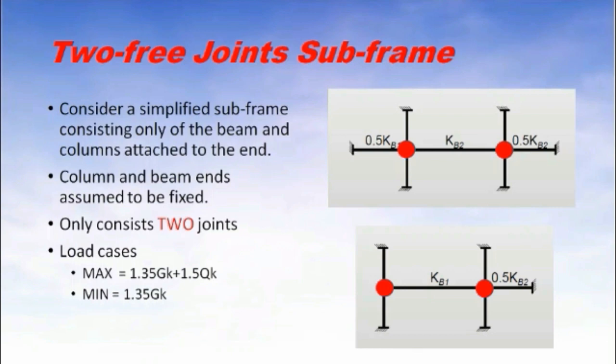The frame analyzed will be subjected to different load cases. The load cases can be either maximum, which is 1.35 Gk plus 1.5 Qk, or minimum, which is 1.35 Gk only.